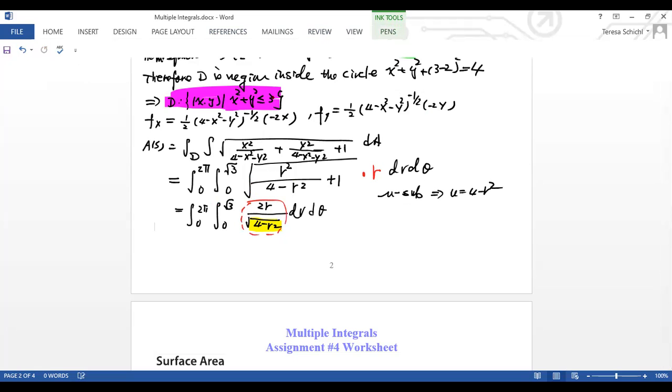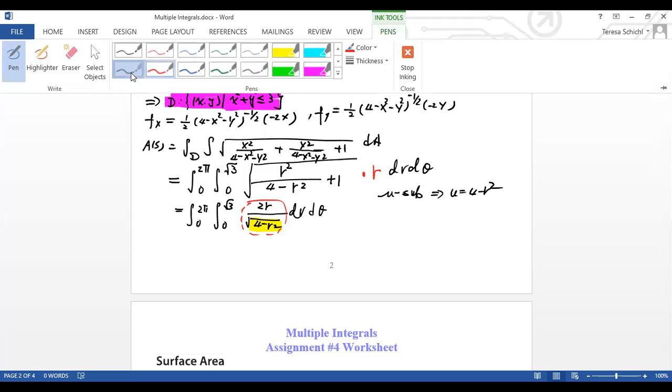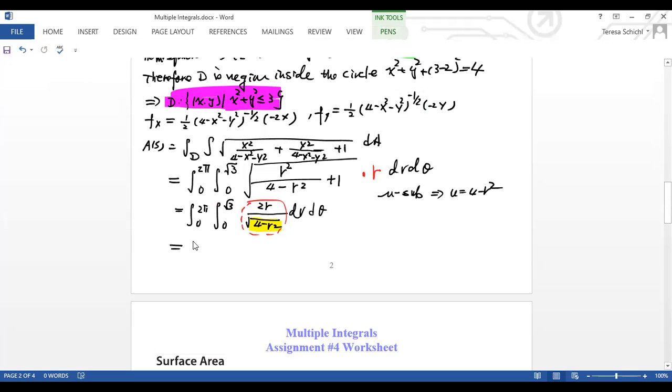So now finally, we can get here. Let's assume you know how to do the integration here. So this one will give you negative 2 times 4 minus r squared to the 1/2. And then r is from the square root of 3 to 2. All right, then here is d theta.